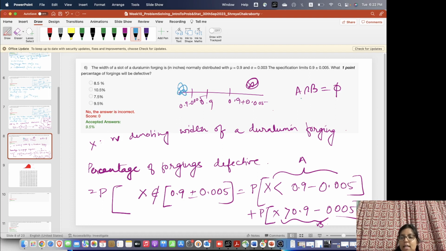So these two events are what you call mutually exclusive.